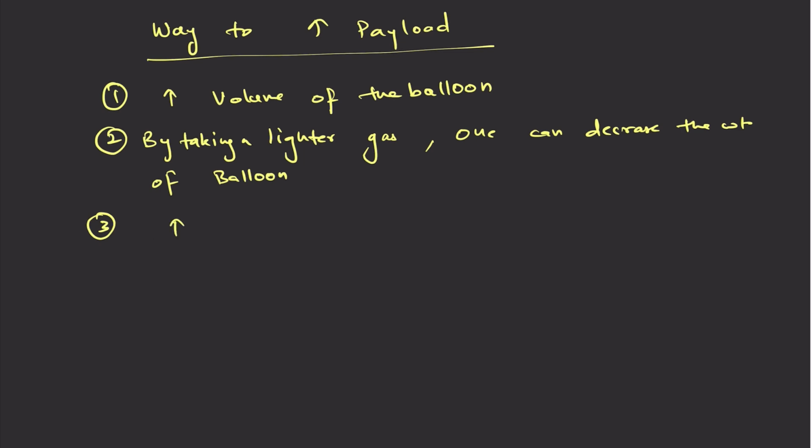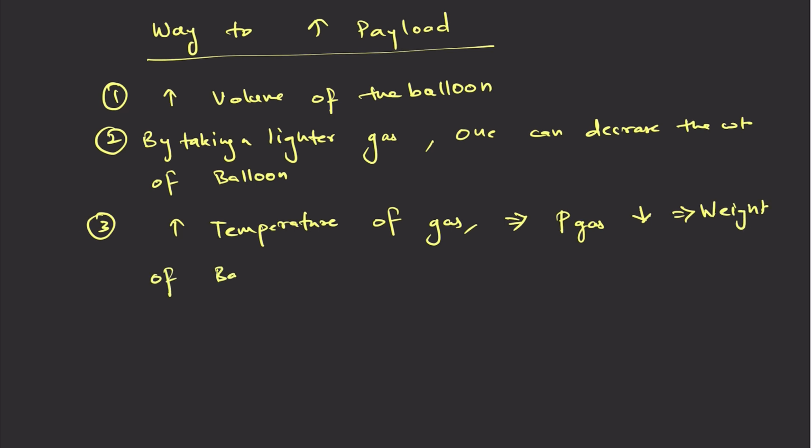If you can increase the temperature of the gas, you can ultimately decrease the density of the gas. Density of the gas will decrease, and therefore the weight will decrease. Weight of balloon will decrease.